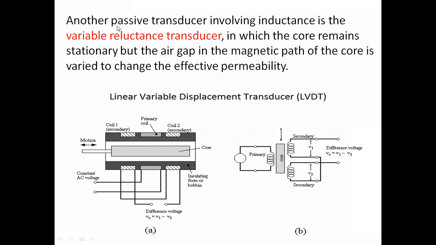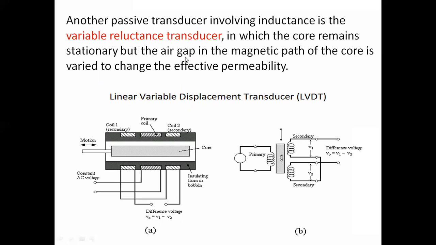So this is another type of inductive transducer, that is a variable reluctance transducer. Reluctance is the opposite of permeability. In the variable reluctance transducer, the core remains stationary, but the air gap in the magnetic path of the core is varied.